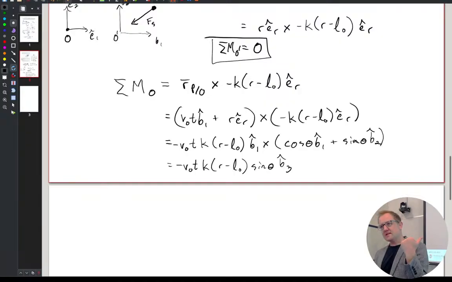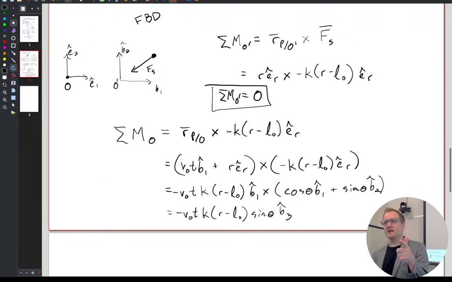Why is this one not 0, but the first one was? How come we can't just say this is a 0 moment system? Why does it change when we change what the origin is? Does that question make sense?